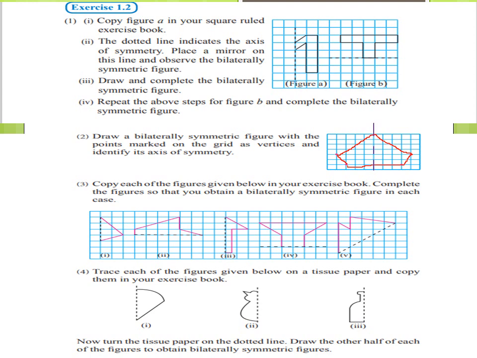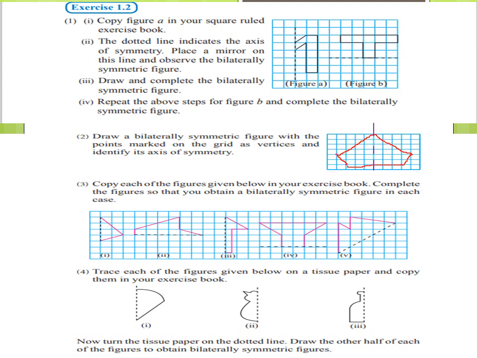Draw a bilateral symmetric figure with the points marked as vertices and identify its axis of symmetry. I have done that for you, and I think that I can draw it nicely in this place. So it is not very ugly. So they have drawn 4 dots.